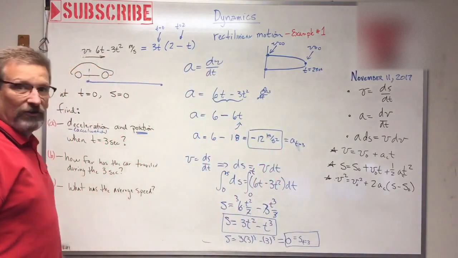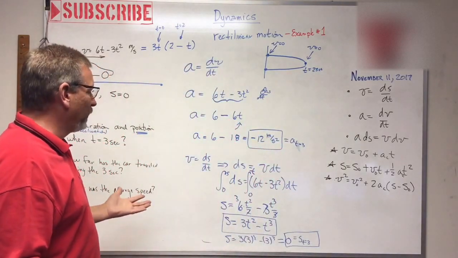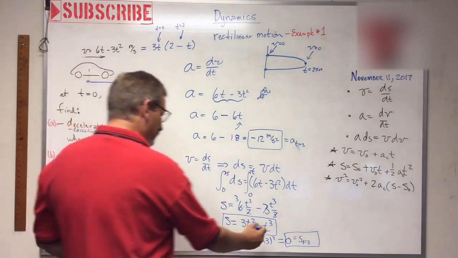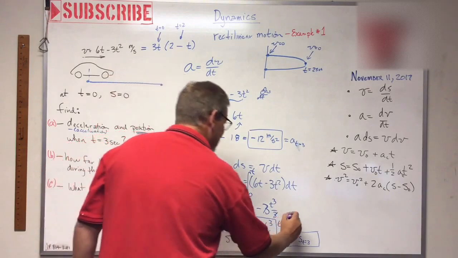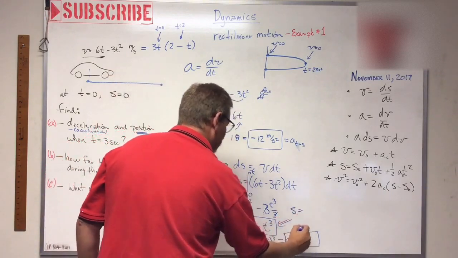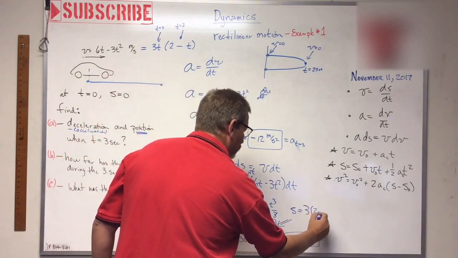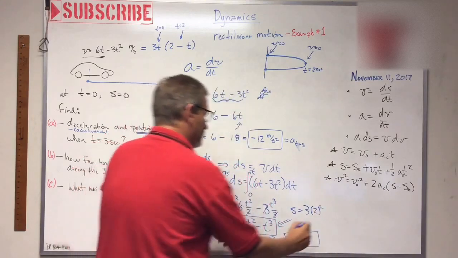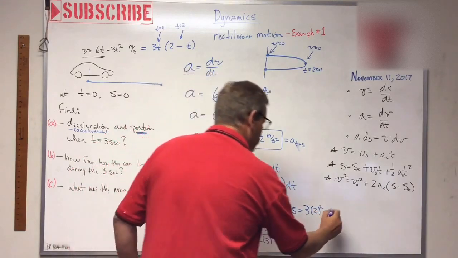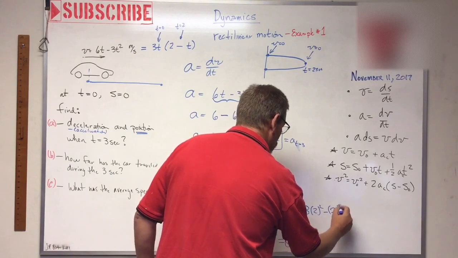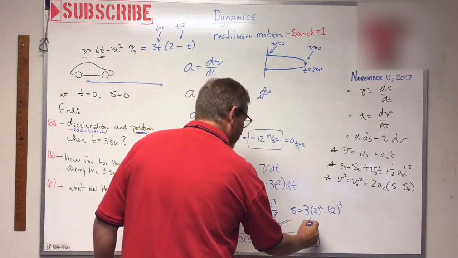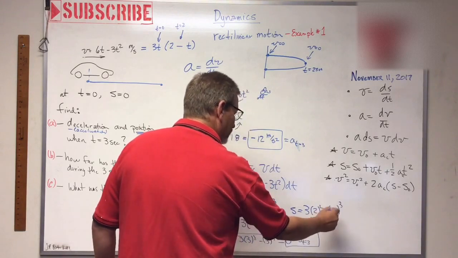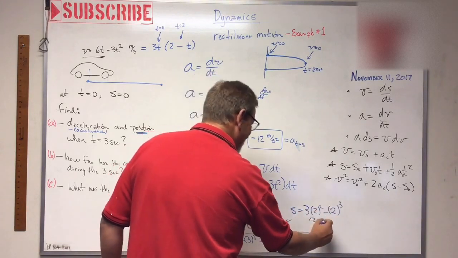Okay? And at 2 seconds, could we find out how far our particle traveled? Right here is an equation for particle travel, isn't it? So how about this? s equals, let's put a 2 in there, 3 times 2 squared minus 2 cubed. What is that? That's 4 times 3 is 12 minus 2 times 2 is 4 times 2 is 8.